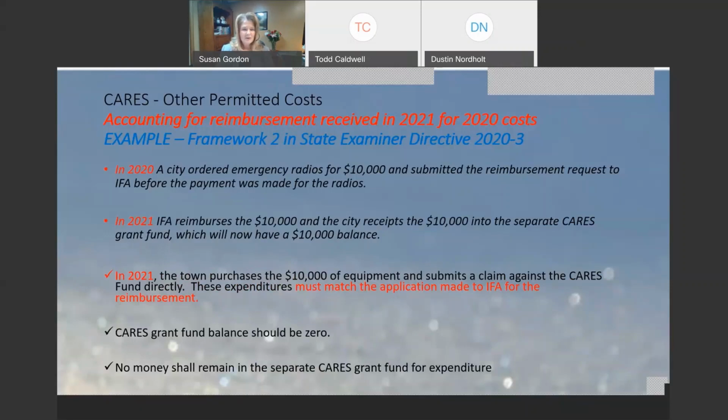In 2021, the town purchases the $10,000 of equipment and submits a claim against the CARES fund directly. These expenditures must match the application to IFA for the reimbursement. And then the CARES grant fund is zero and no money remains.